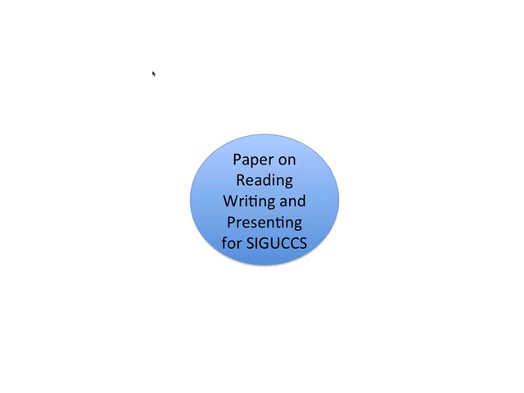So what I like to do is get organized with maybe an outline. Maybe you use a concept map. I did this paper on reading, writing, and presenting for SIGUCCS a year or two ago. I think it might have been 3 years now.